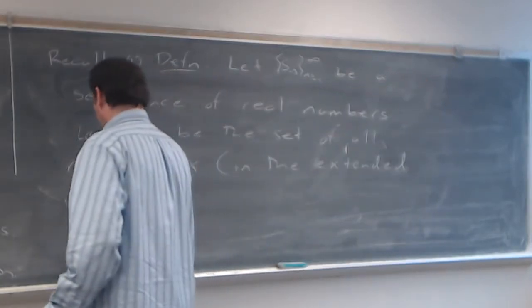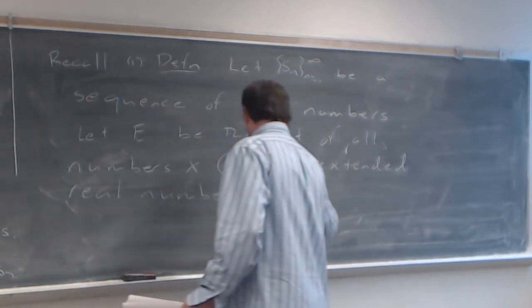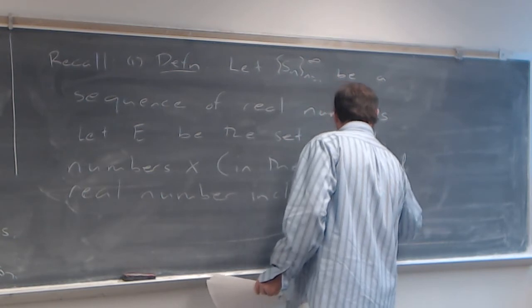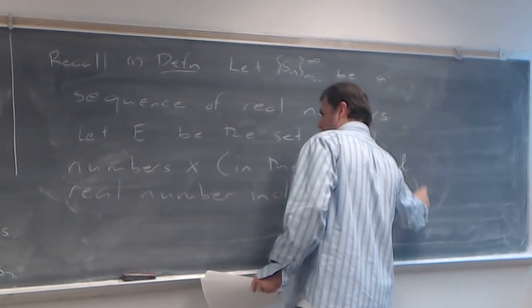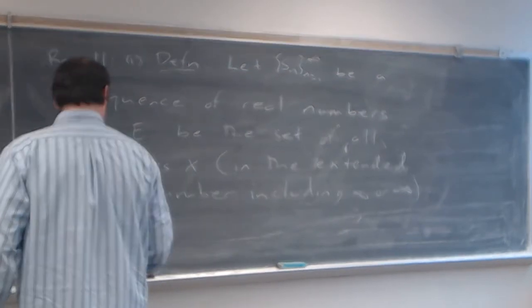And what we mean by the extended real numbers is that they include infinity or minus infinity, such that, so what x values are we talking about?